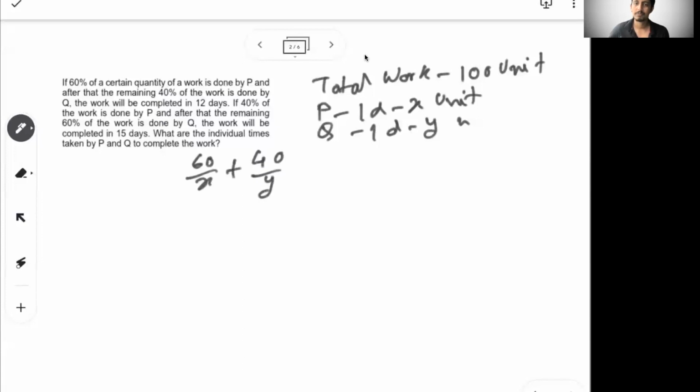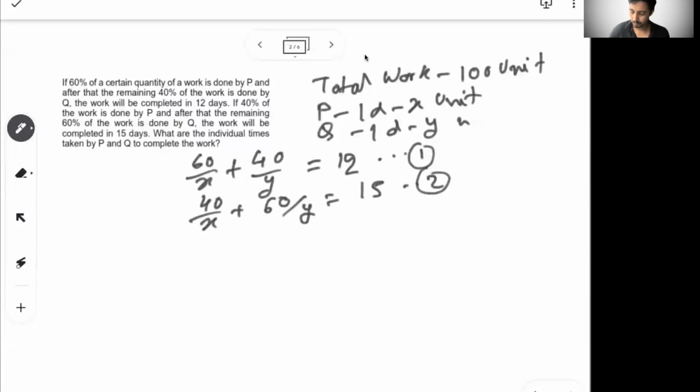So this should be equal to 12. That is your equation 1. Similarly, I can write 40 by X in the second scenario plus 60 by Y should be equal to 15. This is your equation 2.